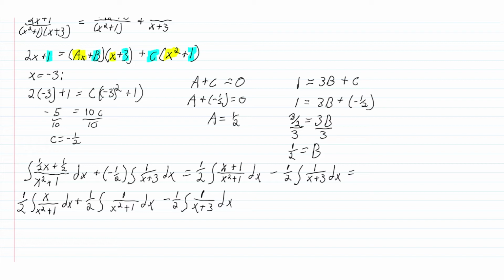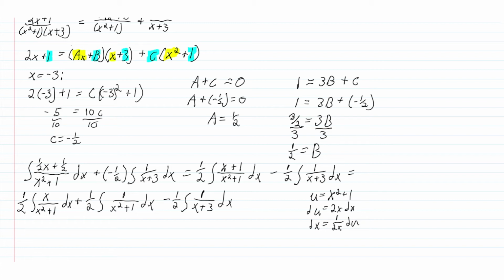In this very left term, the x over x squared plus 1, we still can't integrate outright, so we're going to have to do a u substitution. So in that equation, we will let u be equal to x squared plus 1. Then we'll get a du of 2x dx, which means dx will equal 1 over 2x du.